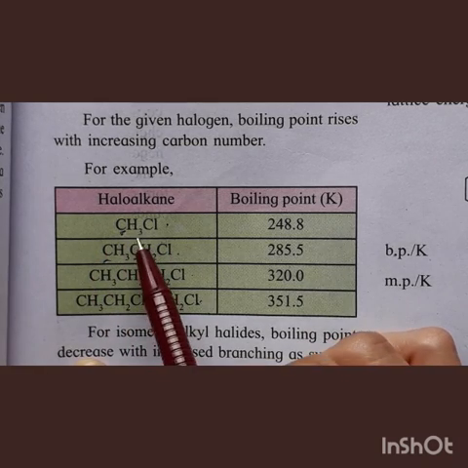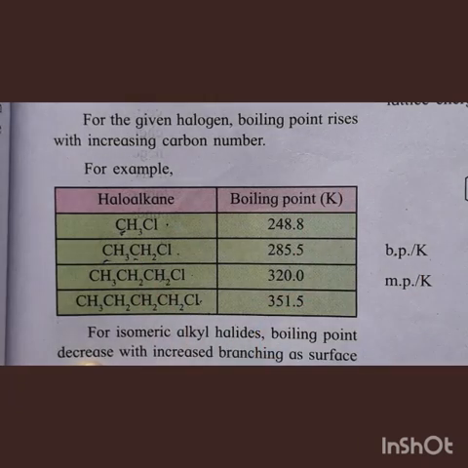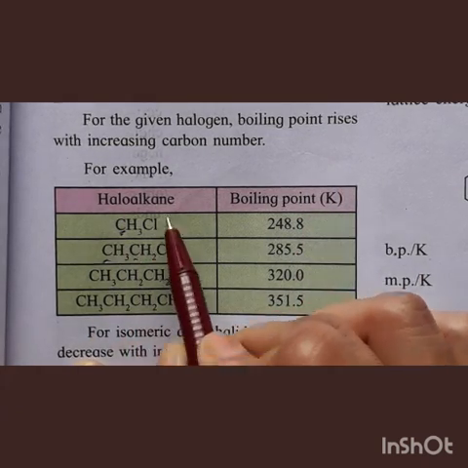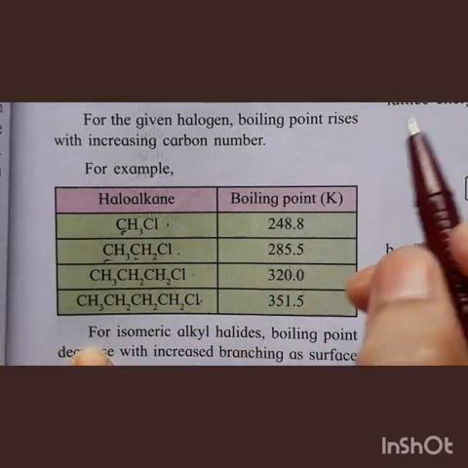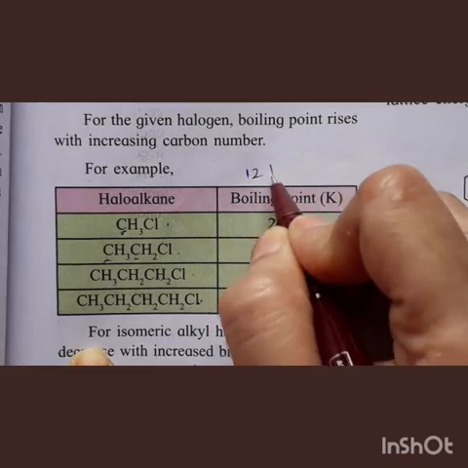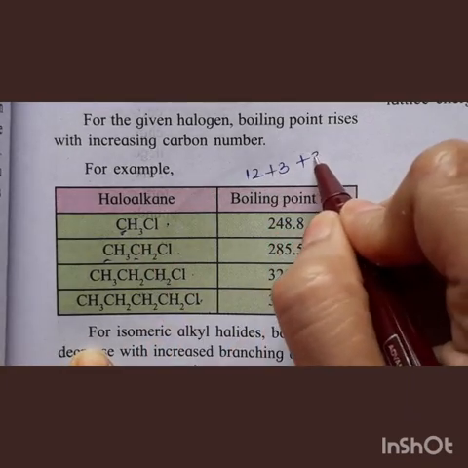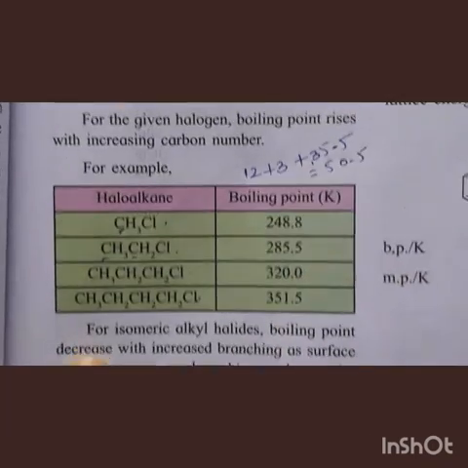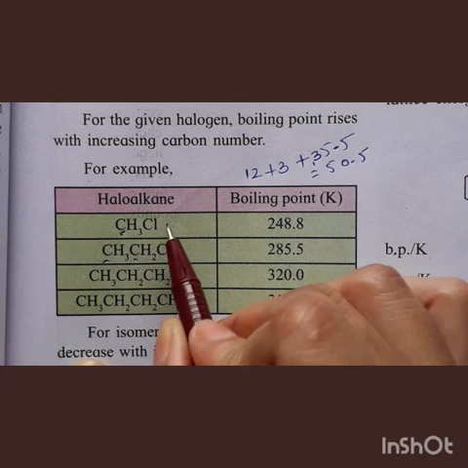If you see the molecular mass of hydrogen, it is 1, so its contribution is less in the total molecular mass of that compound. Let us see, carbon has molecular mass 12, then 3 hydrogens are there, that means 3, and chlorine has 35.5. So what is the sum? Sum is 50.5, the molecular mass of this whole compound.